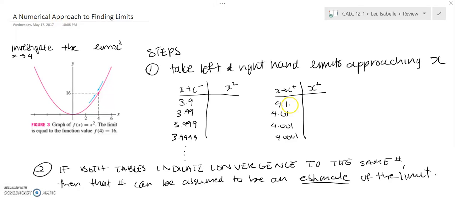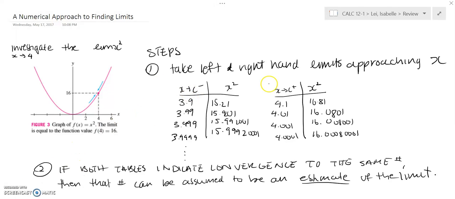So the left bound table would be 3.9, 3.99, 3.999, and so on and so forth until you get closer and closer to 4. And this would be 4.1, 4.01, 4.001, and so on as you get closer to 4. By plugging these numbers in, we get these numbers, which I've just calculated beforehand. You can do it on your calculator if you would like.